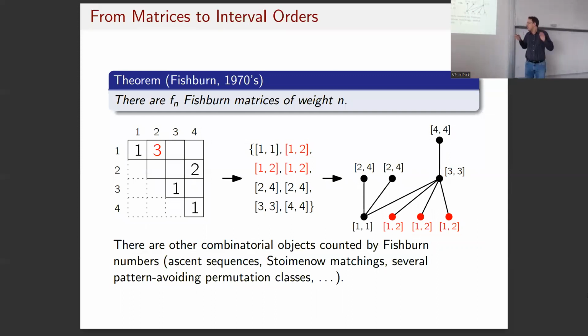I will not give you all the definitions. I'll just mention the names: Sn sequences, Stoimenow matchings related to some invariants in knot theory, several classes of pattern avoiding permutations, and so on. So this is how people became interested in those Fishburn numbers.